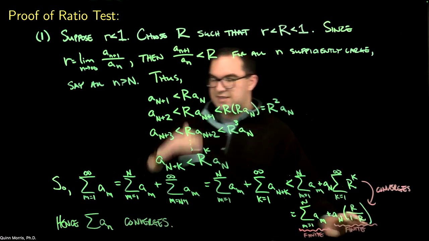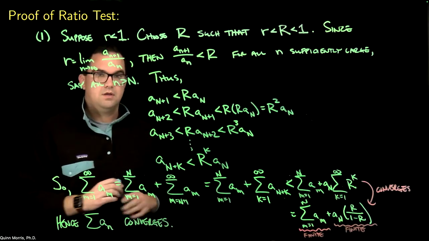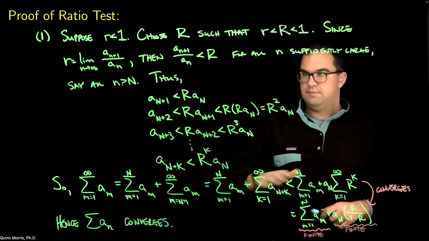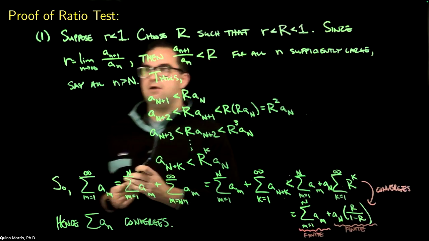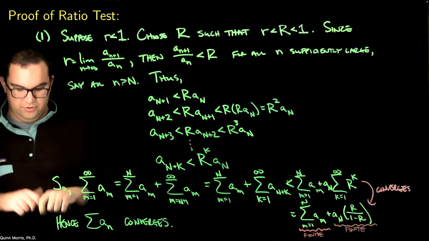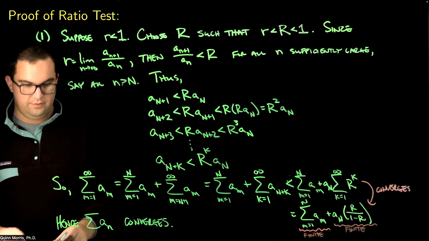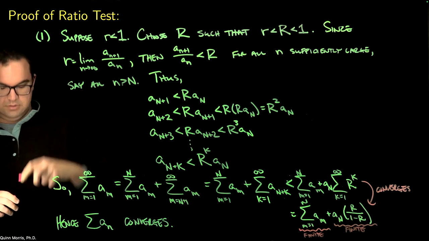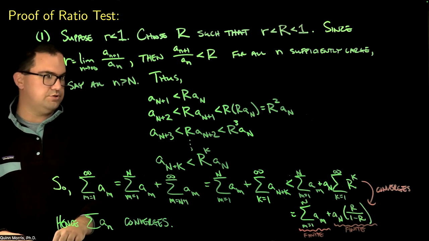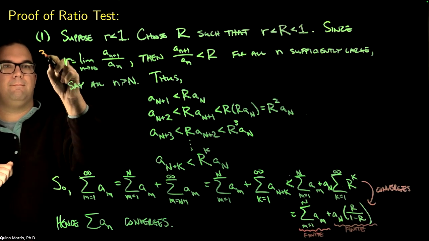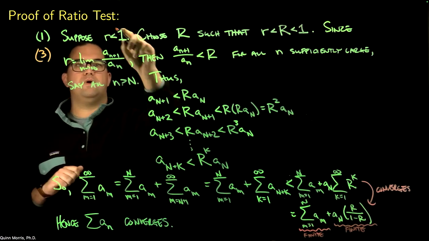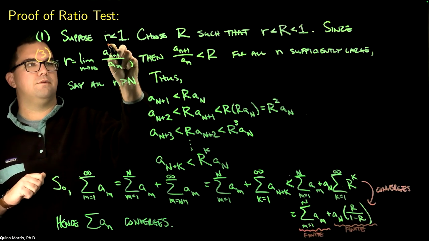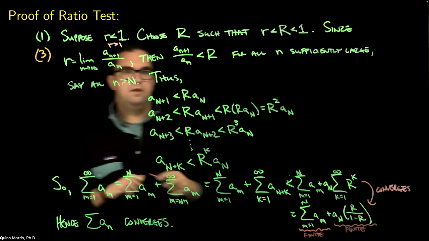Now, I want to skip 2 for a second and skip to 3, because the proof of 3 is nearly identical. In 3, the only difference is, let me switch to orange. Here we go. When I go to proof 3, the difference is I'm going to assume r is greater than 1.